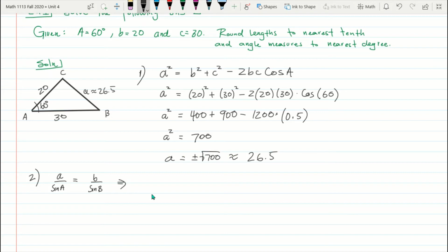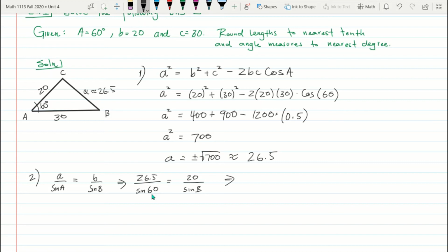So 26.5 divided by sine of 60 is the same thing as, do I know little b? Little b is 20. I don't know the value of B, so we're going to have to figure that out.